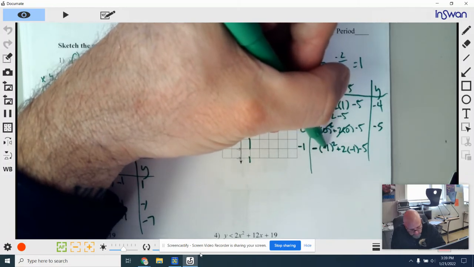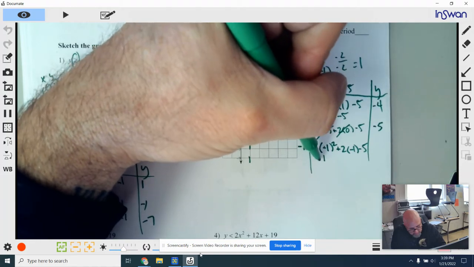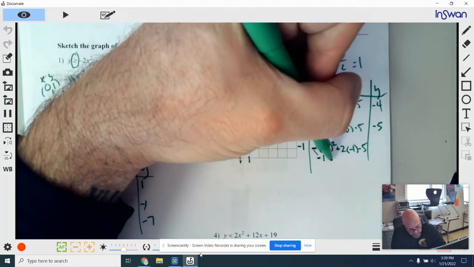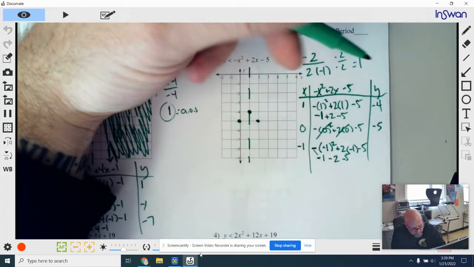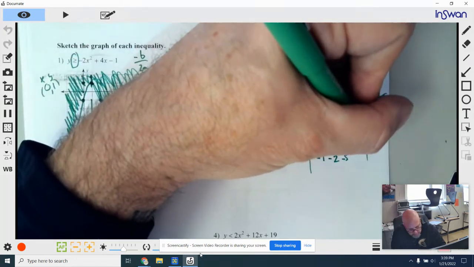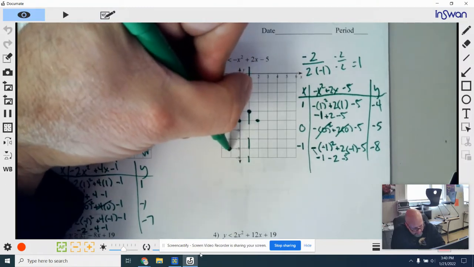So that's (-1) squared. So that's a 1. And then that negative that was outside just gets slapped on. Plus 2 times -1. Well, that's -2 minus 5. And -1 minus 2 is -3, -5. That gives you -8. So when you plug in -1, we ended up with -8.